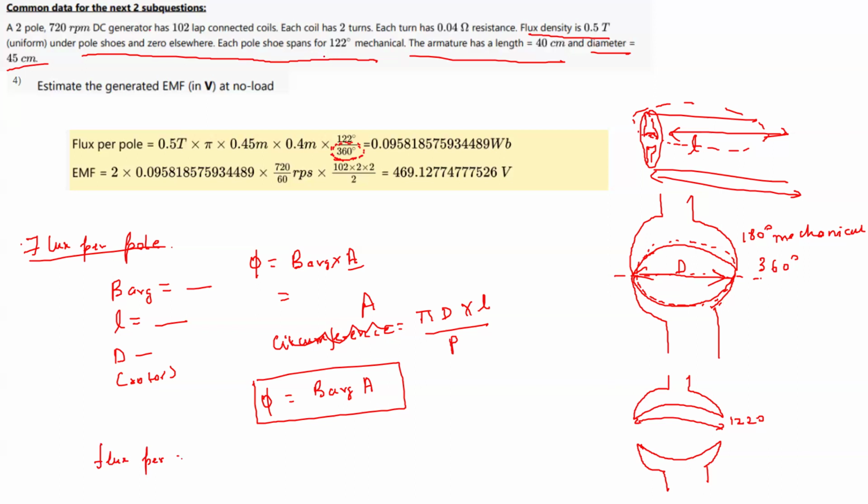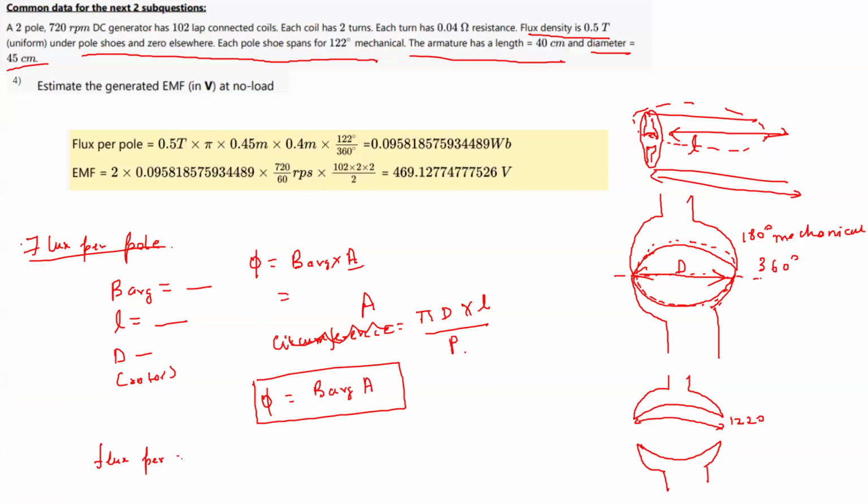They're saying each pole shoe spans 122-degree. But if we see here, so okay, I understand. Okay, no, it is correct only. It's not a mistake. So let me just erase this. This is correct only. Okay, so this is the situation.